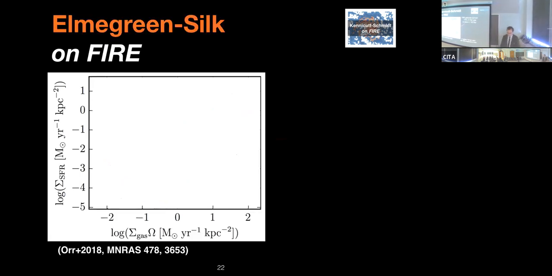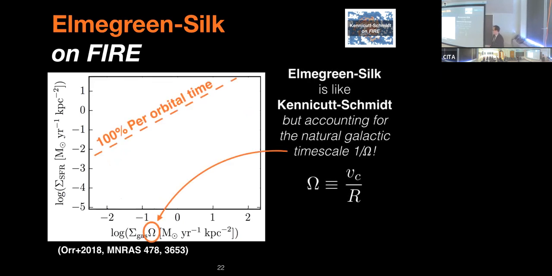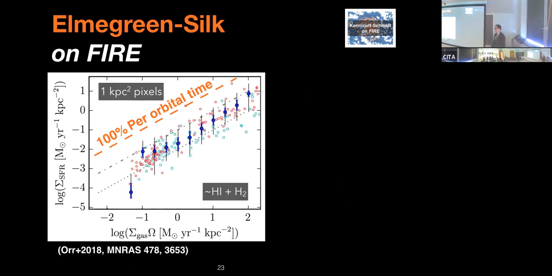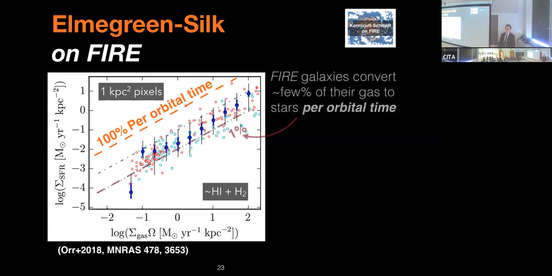Now, if we scale this by the local dynamical time, so here I've thrown in omega, which is just the local rotation velocity over r, you might expect this is the local turnover time in a disk galaxy, but really it's the dynamical time. Then again, in FIRE, which is all the blue points, and I put a bunch of random observations from Emerald Green Silk in the background, we're a few percent efficient per orbital dynamical time, essentially.